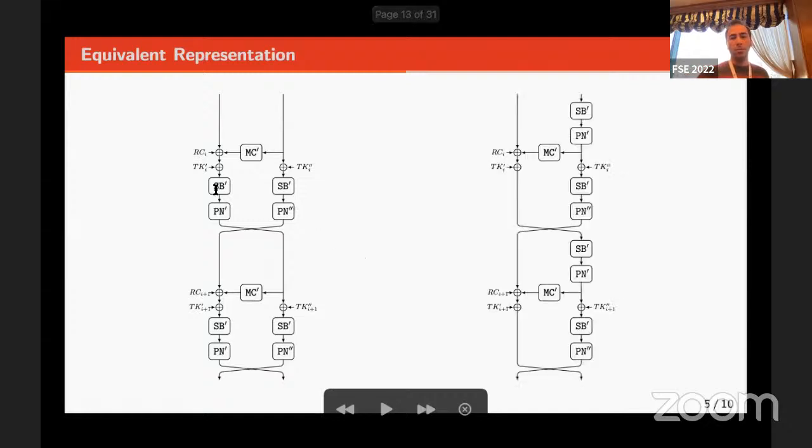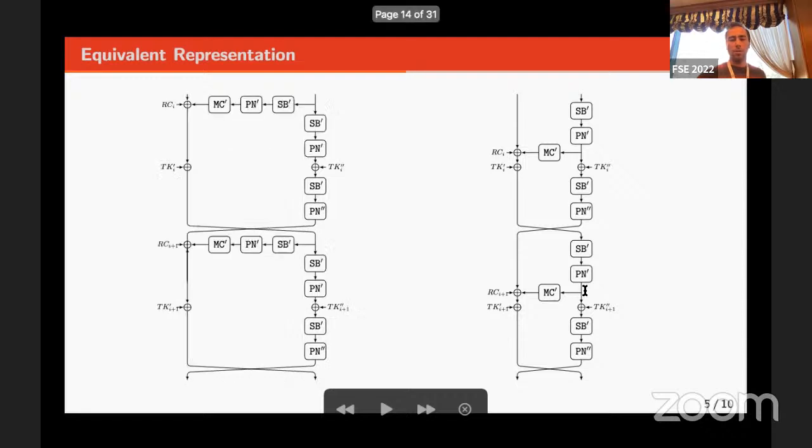It is possible to bring these two operations, S prime and P prime, from the end of each round to the beginning of the next round, like in this figure. And it is again possible to bring these two operations inside the bridging branch and also after the bridging point. So it will be like this structure.